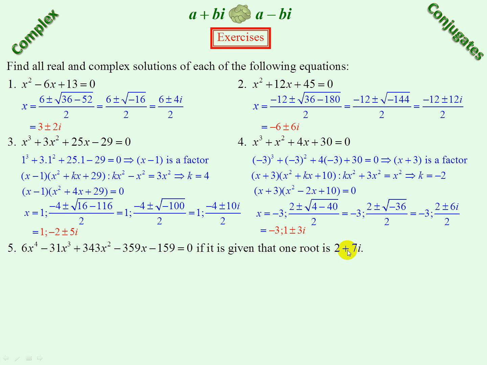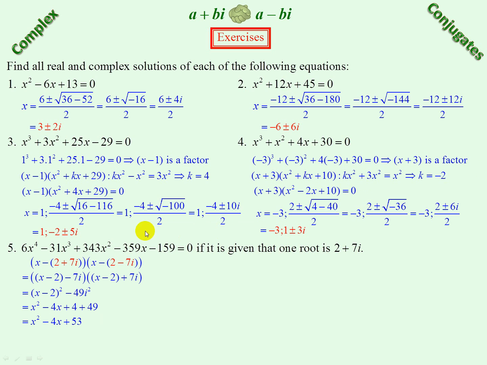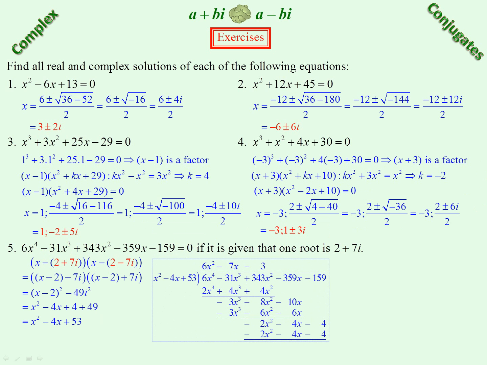Number 5, knowing that one root is 2 plus 7i, we have our complex conjugates, therefore 2 minus 7i must be a solution. And we're going to find that quadratic factor. There we are. Now we need to find the other quadratic factor, because this is x to the 4 here, so we'll use long division.